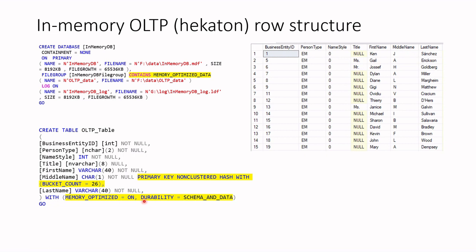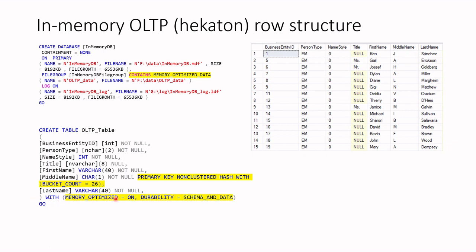Every Hekaton table should be created with an index. Here I'm creating the table with a hash index with bucket count equal to 26, and the index is on the middle name column. Please refer to my next video on hash index for further explanation on how hash index works. I'm not going to talk in detail about hash index here.